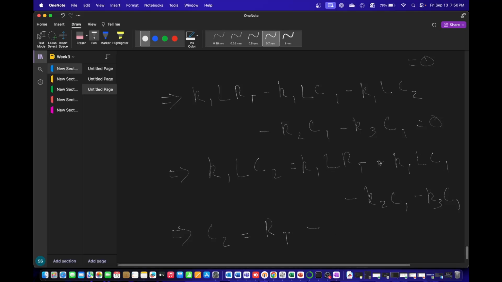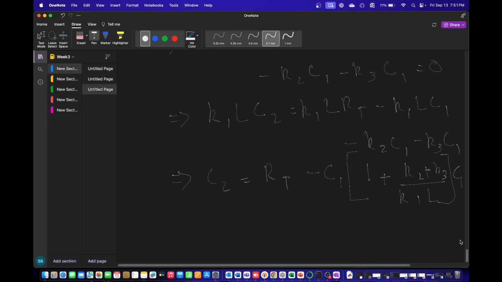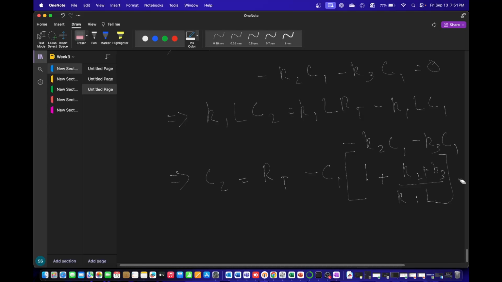If you take minus C1 common, because these three terms contain C1, you take minus C1 common out of here, and then you divide by K1 L. So this becomes 1, plus K2 plus K3 by K1 into L, into C1.